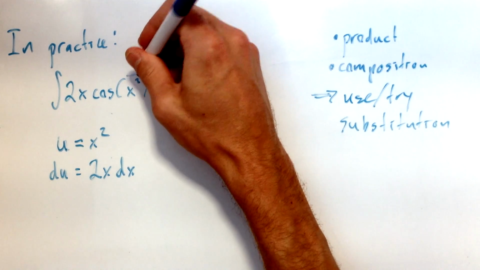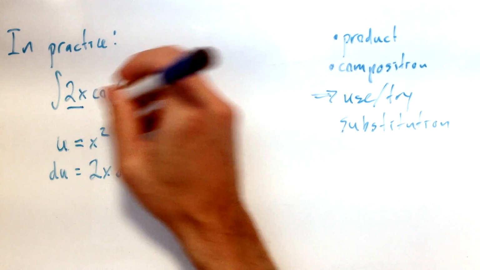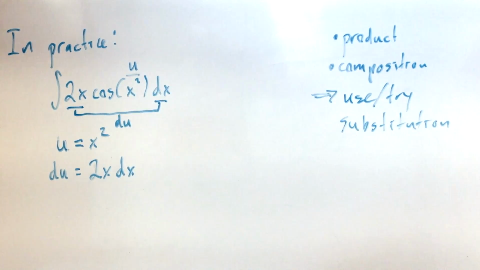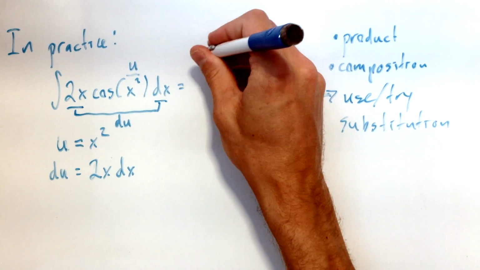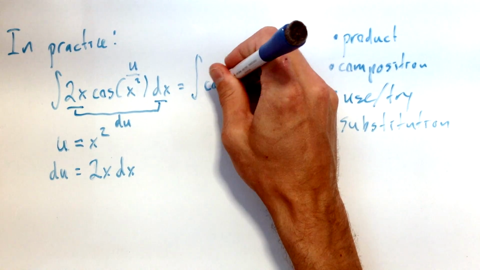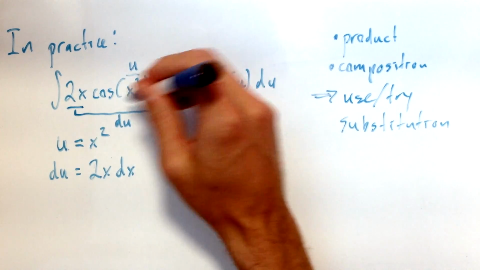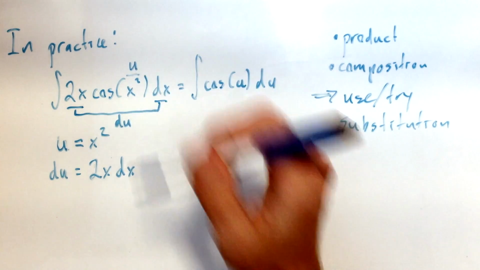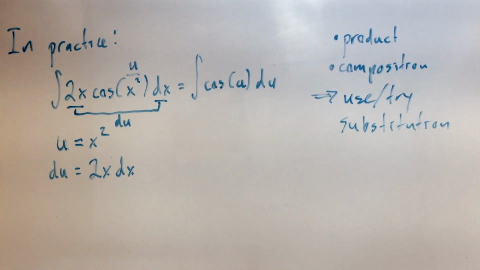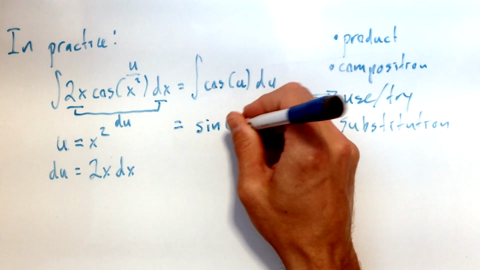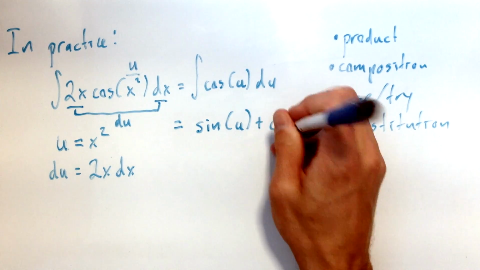I just like to say, okay, here's u, and this right here, 2x dx makes du. So then I rewrite my integral as cosine of u du. 2x dx becomes du, x squared becomes u. The only thing that's left over is cosine, which just gets to hang out. And then this becomes sine of u plus c.